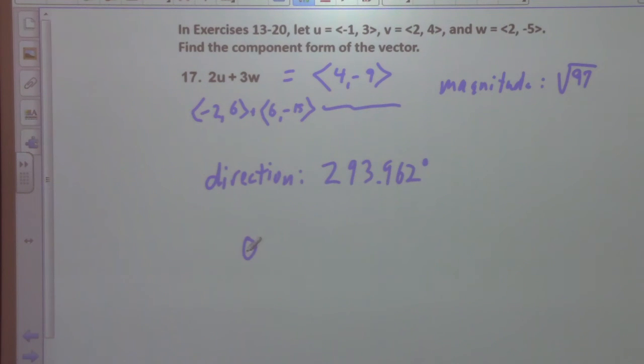So theta equals inverse tangent of -9/4 plus 360 degrees, which is going to be this thing here. Okay, questions on that?